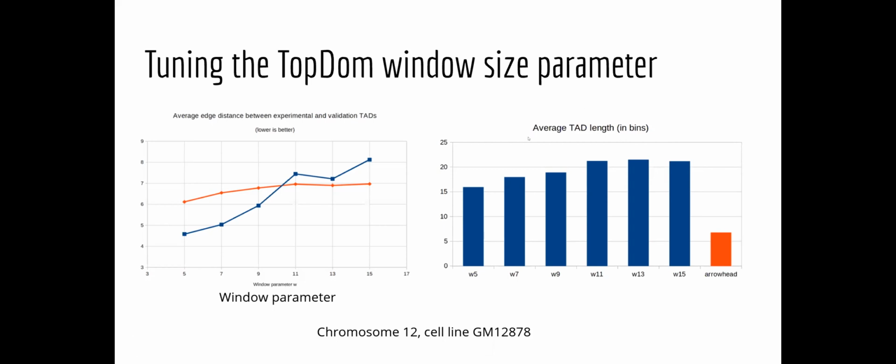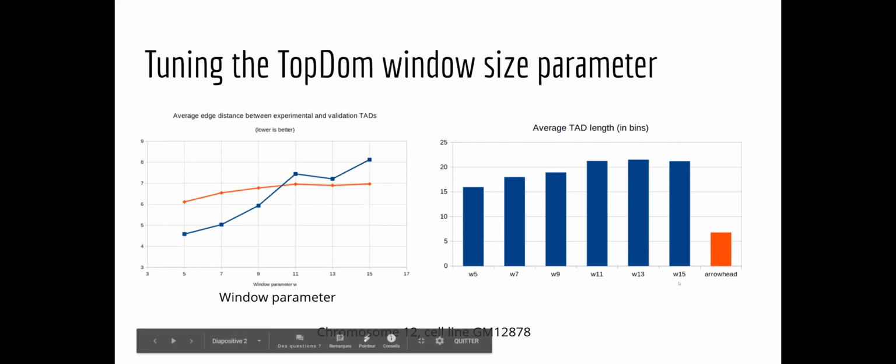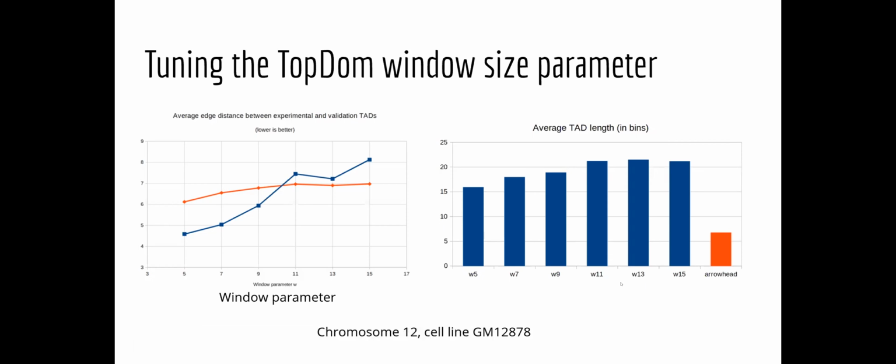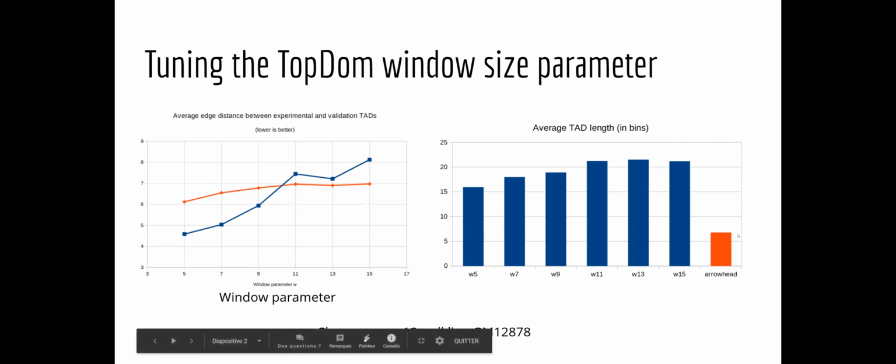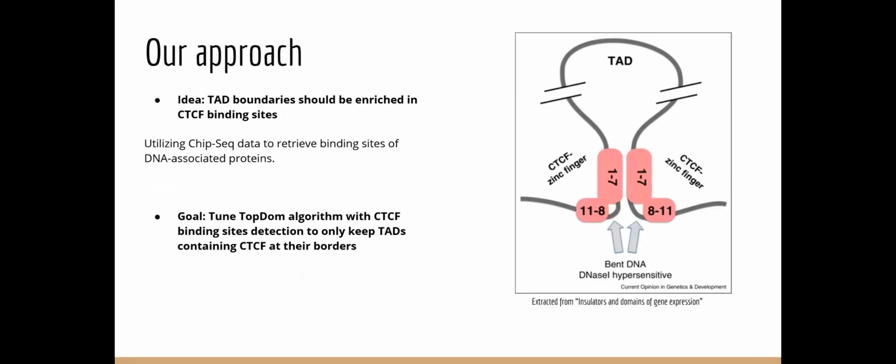We immediately witnessed a shortcoming of our approach that we have not solved yet. Regardless of the size of the window, as we can see here, the TADs we find are a bit too big compared to the Arrowhead ones that we are supposed to match. Okay, so now Rasha is going to talk about CTCF.